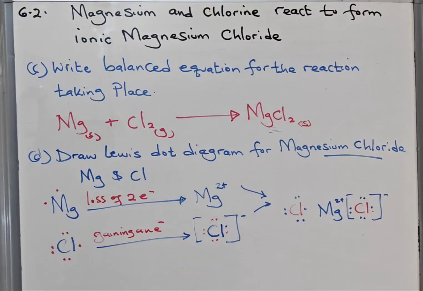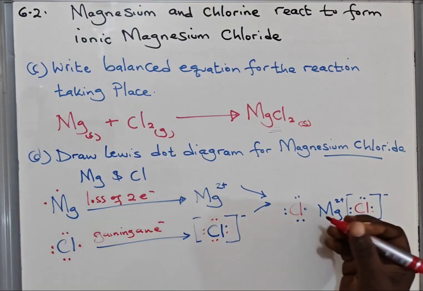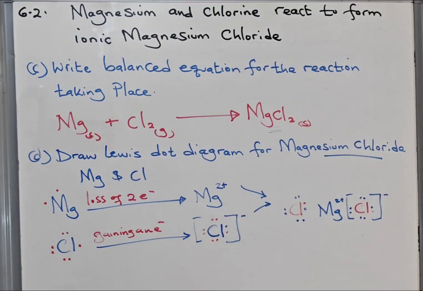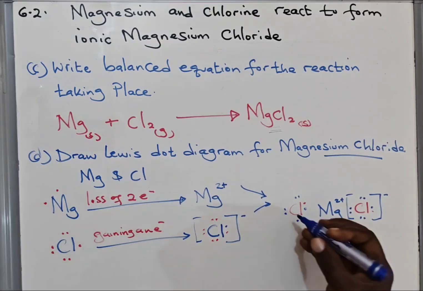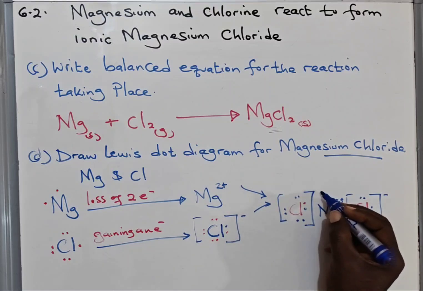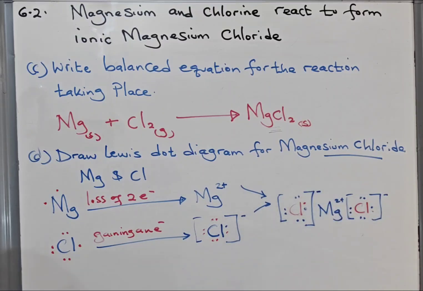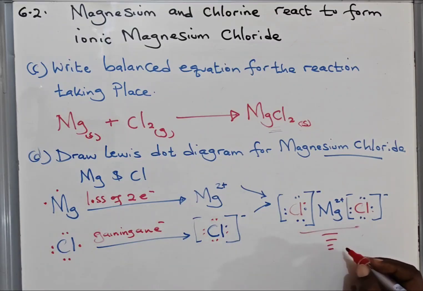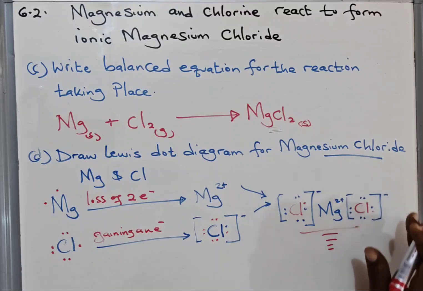But remember, to become negative, it gained 1 extra, so we can put it there. And it's conventionally a must that we put the bracket around it, and then we indicate the negative charge here. So what you have here now is the Lewis dot diagram of magnesium chloride.